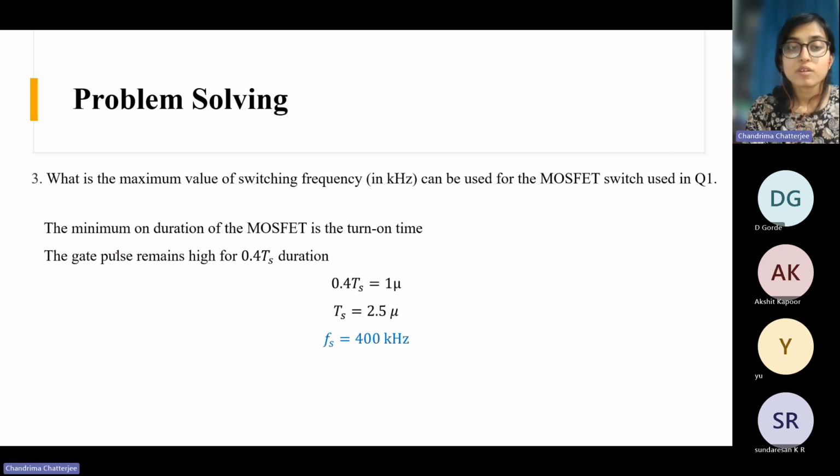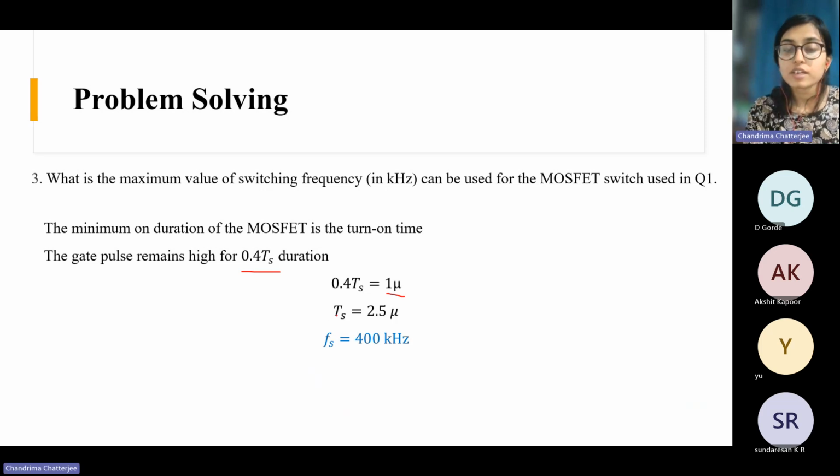So what is the maximum value of switching frequency that can be used for the MOSFET? For question 1, the on duration was 0.4 ts, and they specified that the turn on duration was 1 microsecond, right?